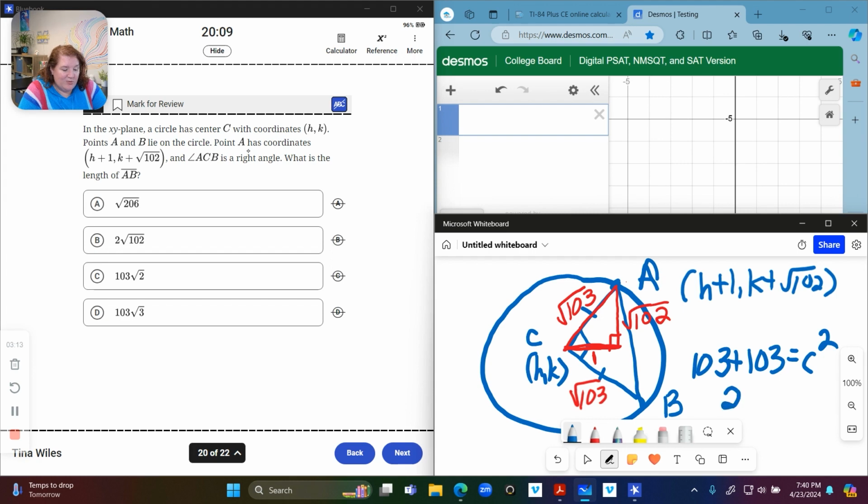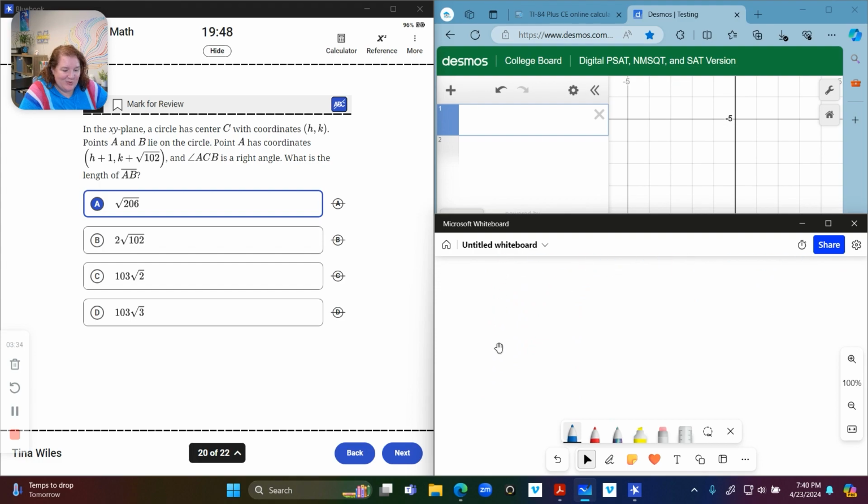So 206 equals c squared, and you would take the square root of both sides. So A is the answer. Very difficult problem. That's why it's at the end of the hardest section. Hopefully making it into 2 triangles makes sense to you.